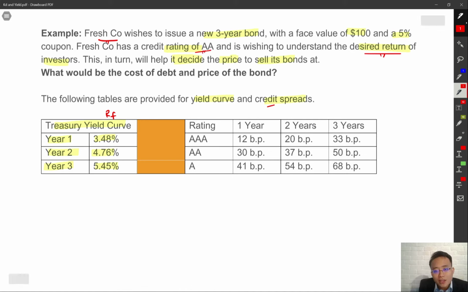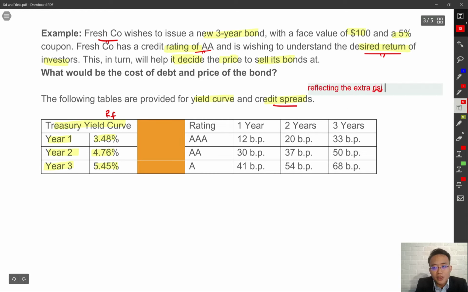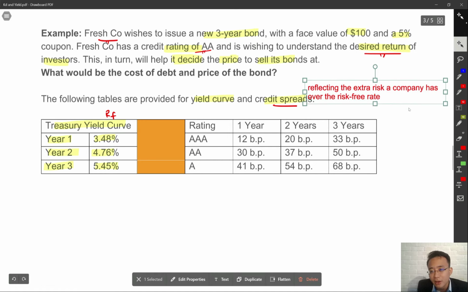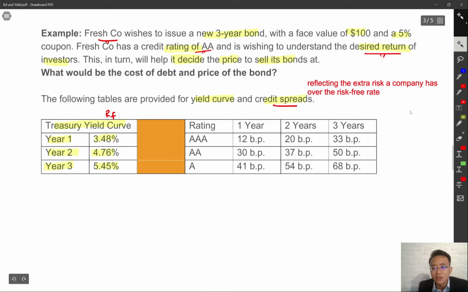Now, a credit spread is simply reflecting the extra risk a company has over the risk-free rate. So compared to a risk-free entity, how much extra risk do you have? If the government's risk-free rate is, let's say, 3%, how much more risky is Freshco compared to the government?